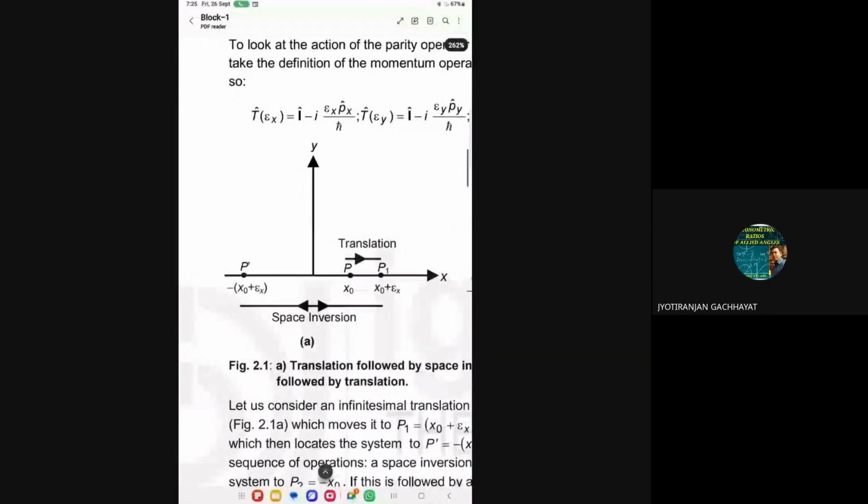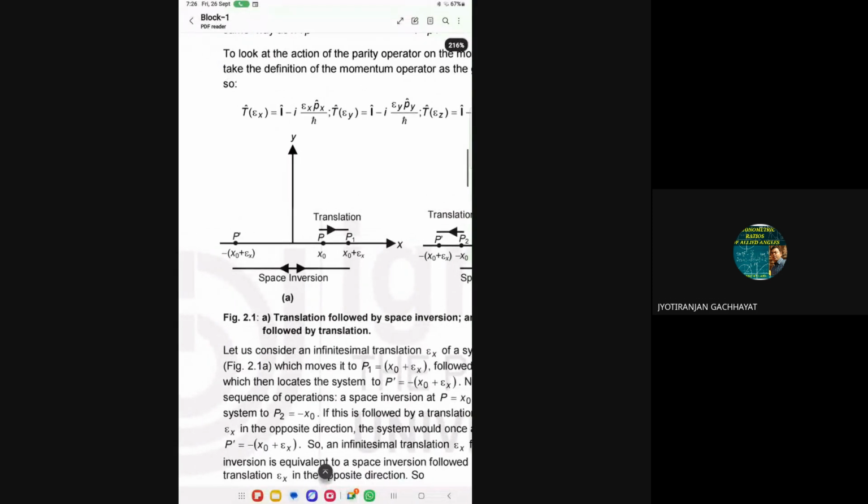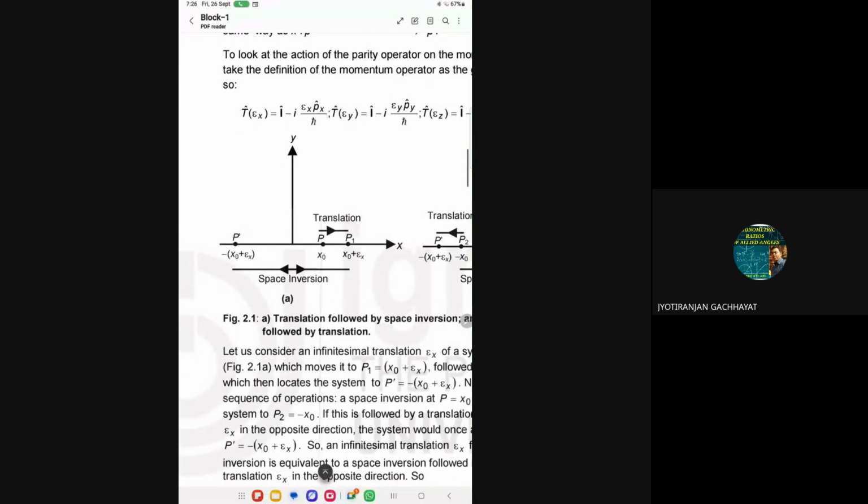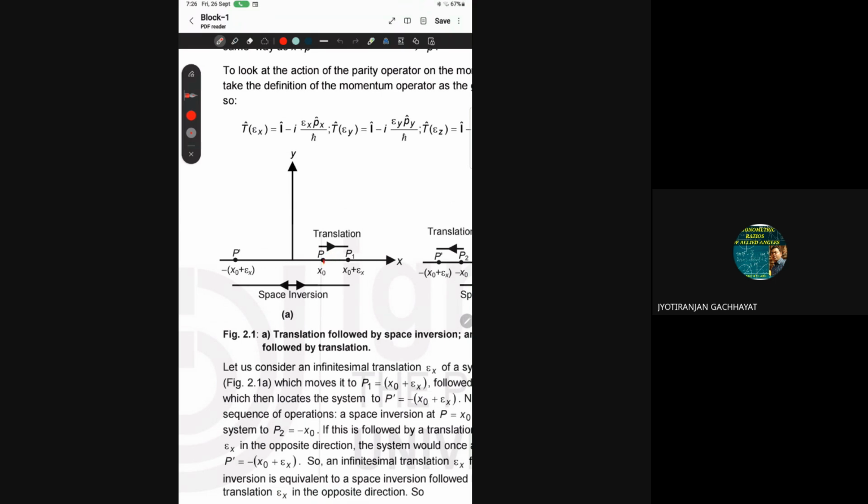If you come over here, so translation followed by space inversion. So first is translation. The body was at x0. It moved to x0 plus epsilon x. That is the translation. And then you operate parity.